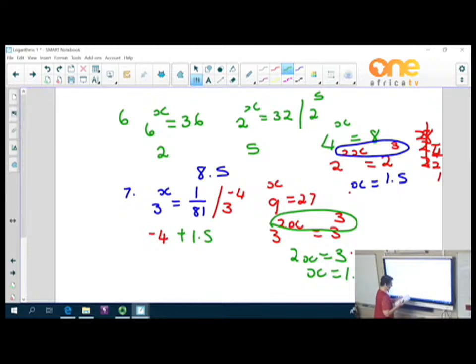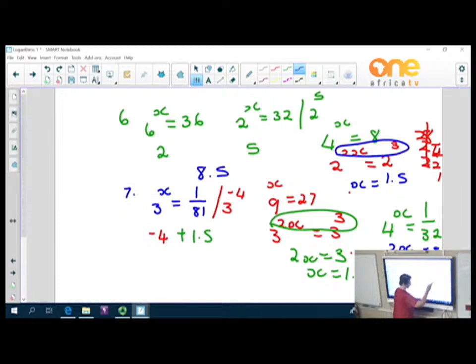And then the last one, let's just try that one as well. That one is then 4 to the power of what is equal to 1 over 32. Changing them to the same base. So the base is 2, 2x. This one is 2 to the power of negative 5. We already had that one there.